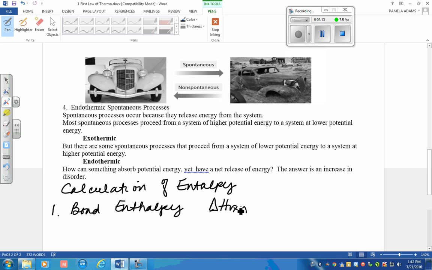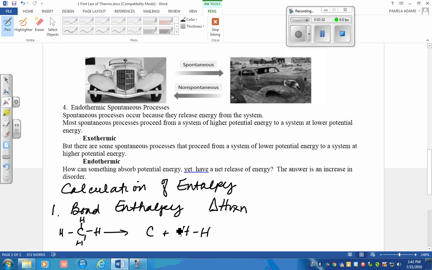Enthalpy is delta H of the reaction. Bond energy would have you determine the amount of energy that is stored in the bonds of the reactants and then the bonds in the products.